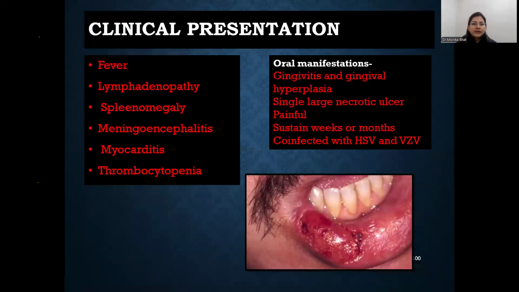Then we have the clinical presentation as fever, lymphadenopathy, splenomegaly, meningoencephalitis, myocarditis, or thrombocytopenia. In the oral manifestations, gingival hyperplasia will be appreciable with the cytomegalovirus infection. Painful ulcers will be appreciated, and this can be co-infected with varicella zoster or herpes simplex virus.